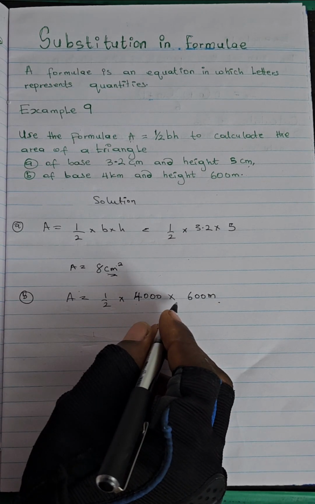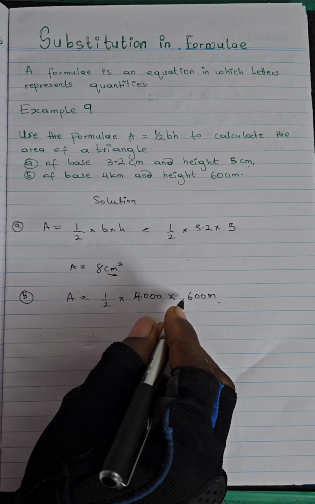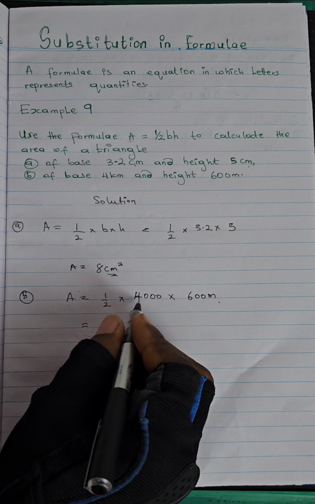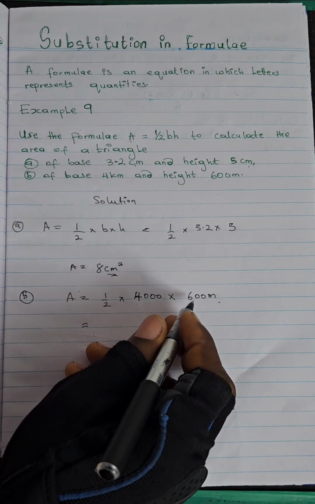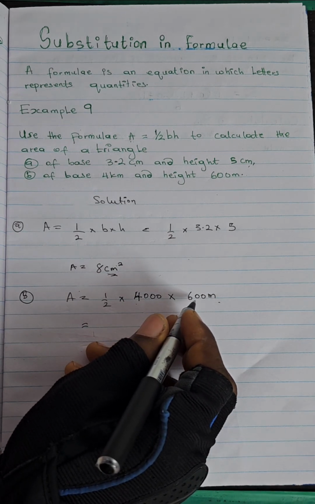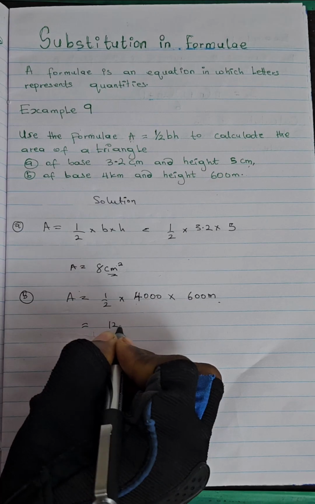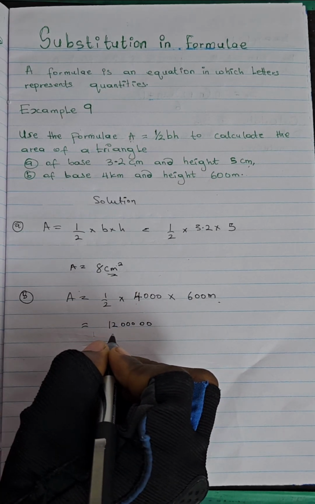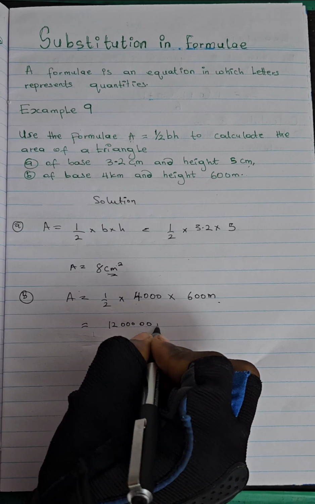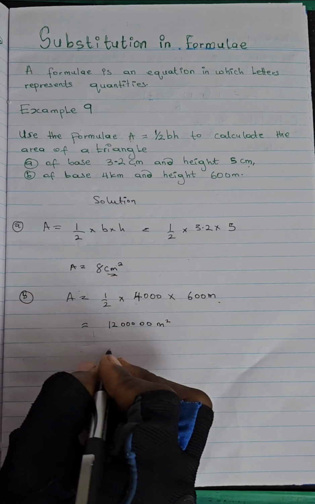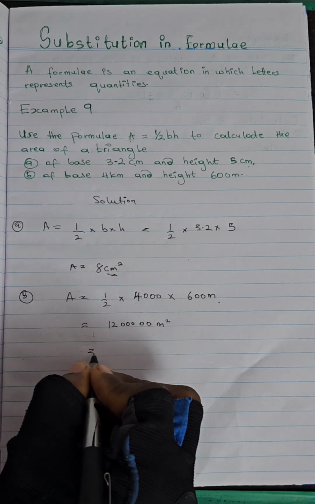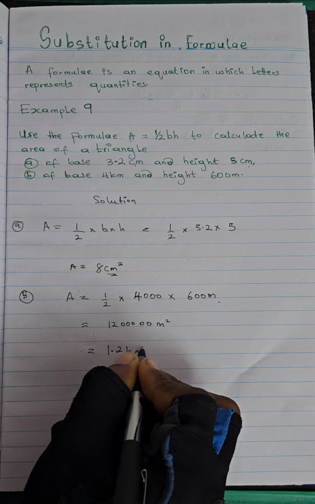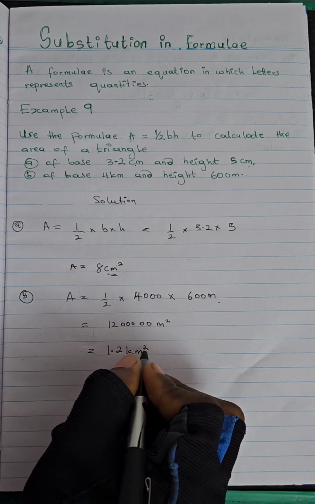In my own case, I converted to meter. So by the time you multiply this, you have 1 over 2 times this, you have 2,000 times 600. So you'll have 1,200,000 meter squared. Or if you want to convert it to kilometer squared, divide by 1 million, that will give you 1.2 kilometer squared, right?